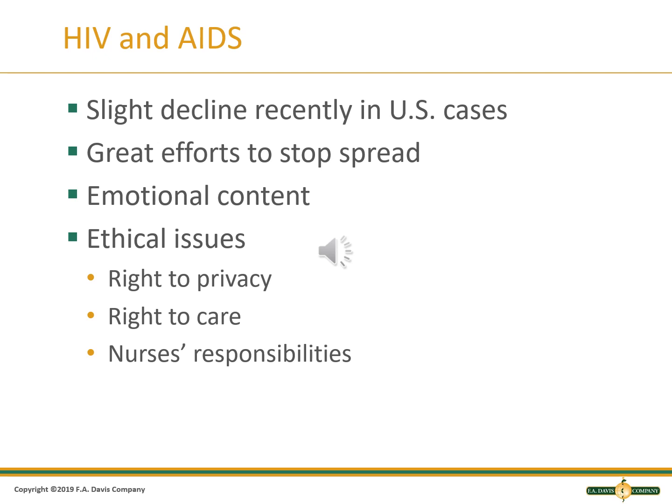HIV and AIDS strike up a lot of emotions in some people. Ethical issues arise with the patient's right to privacy and right to care. HIV and AIDS cases must be reported to the CDC, but their right to privacy should not be violated. So you do have ethical issues that arise when we say, is it fair not to tell a healthcare worker that their patient is HIV positive?